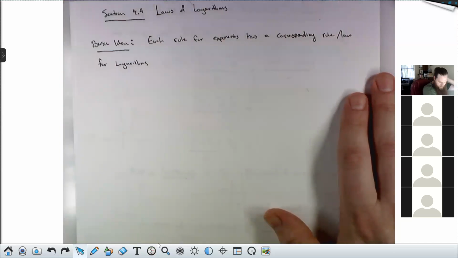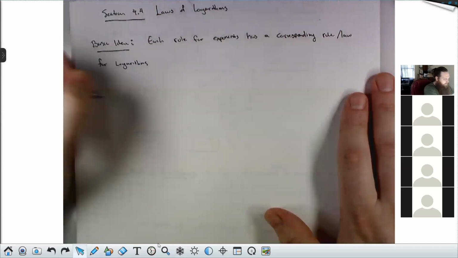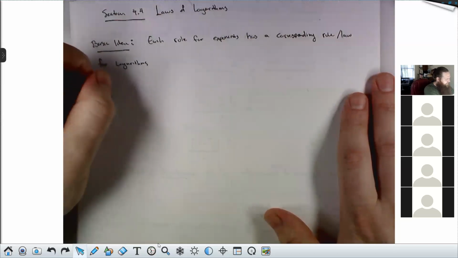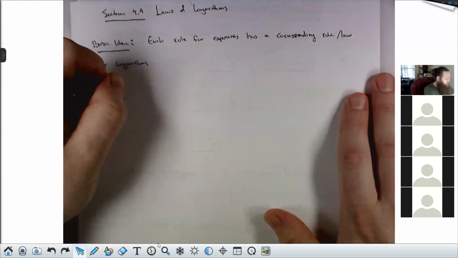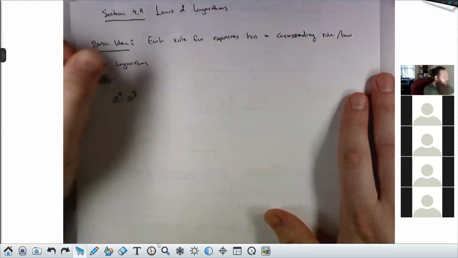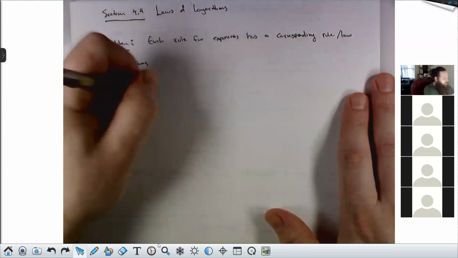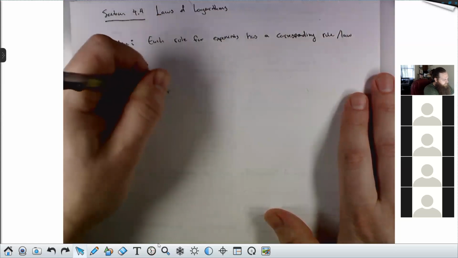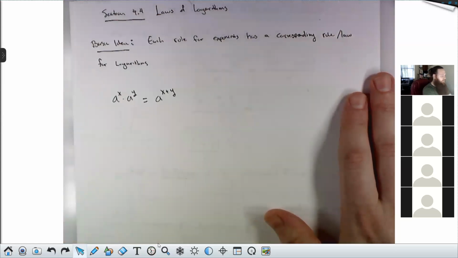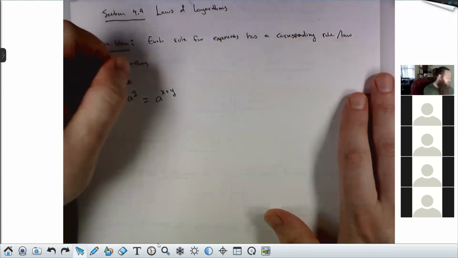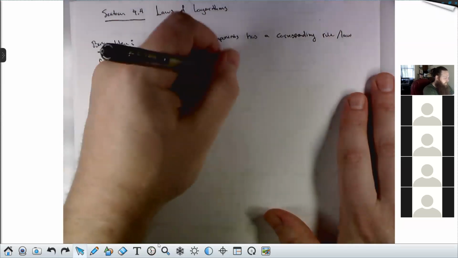So here are some of those rules, right? You remember that if I take, let's say, a to the x times a to the y, that's the same as a to the x plus y. This is the exponential form. And over here I'll put the log form.